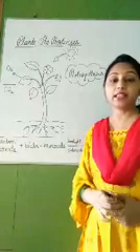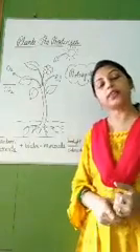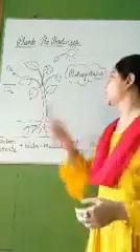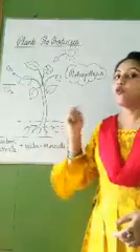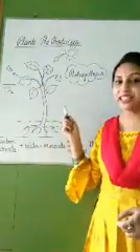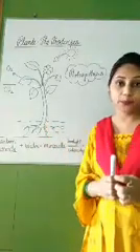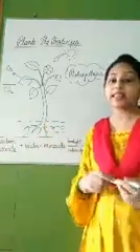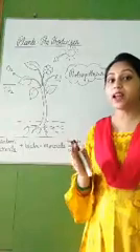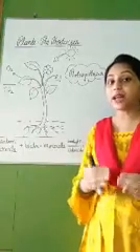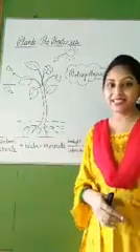photosynthesis. It means the production of food in the plants is called photosynthesis. Photo means light and synthesis means putting together. It means the leaves make their food in the presence of sunlight.